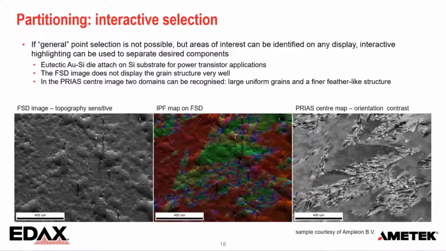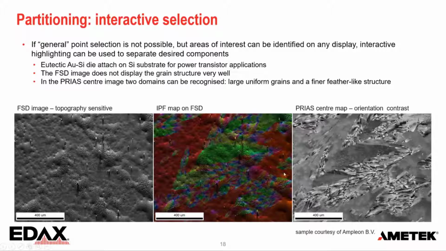Now, if even that is not possible, you can also click directly in the map. So here I have an example of a gold film on a silicon substrate. Here on the right-hand side, in the previous image, we have good orientation contrast. We can see a feather-like structure.